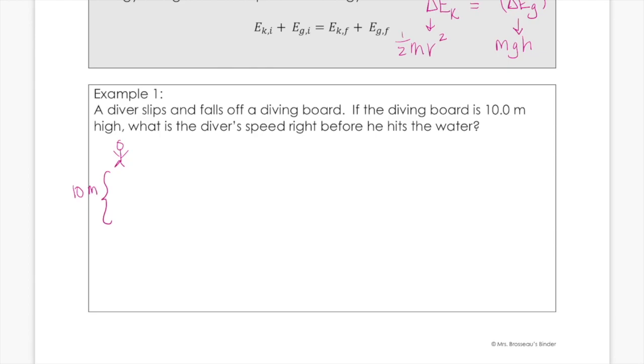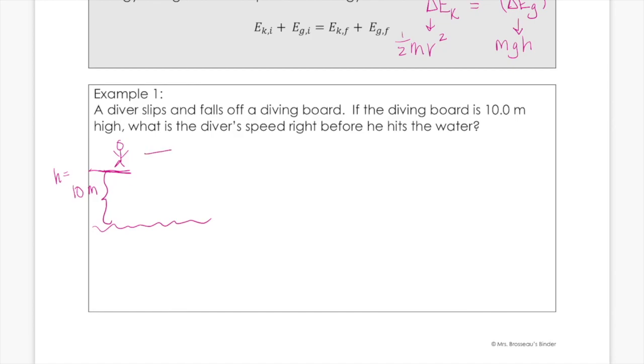This is going to be our height, or a delta H. Here is the water, and here's my diving board.